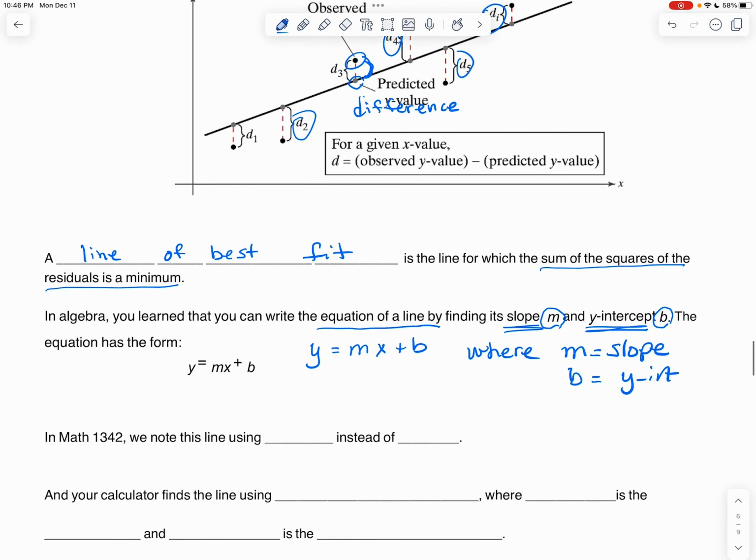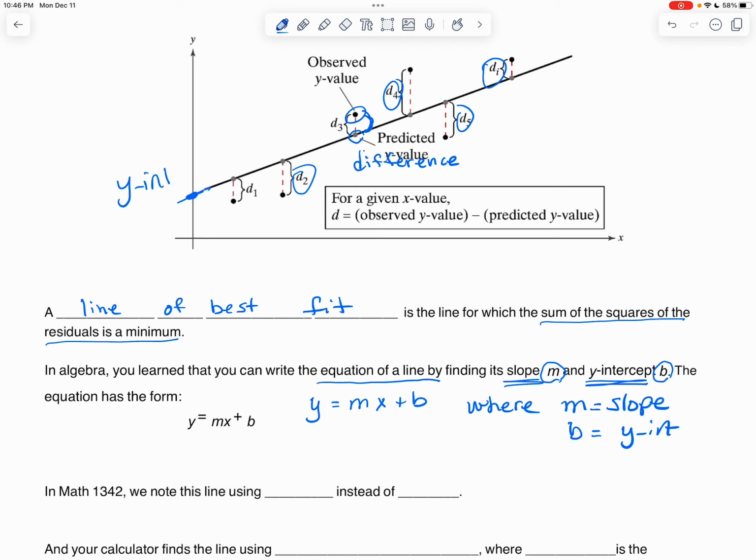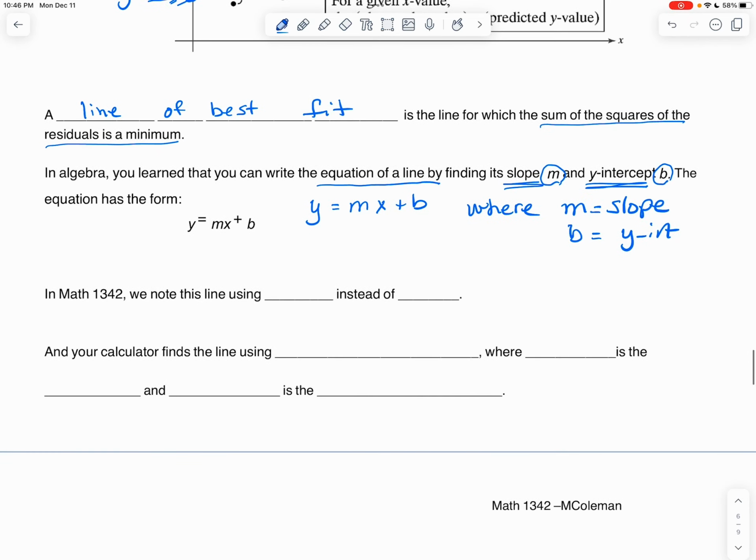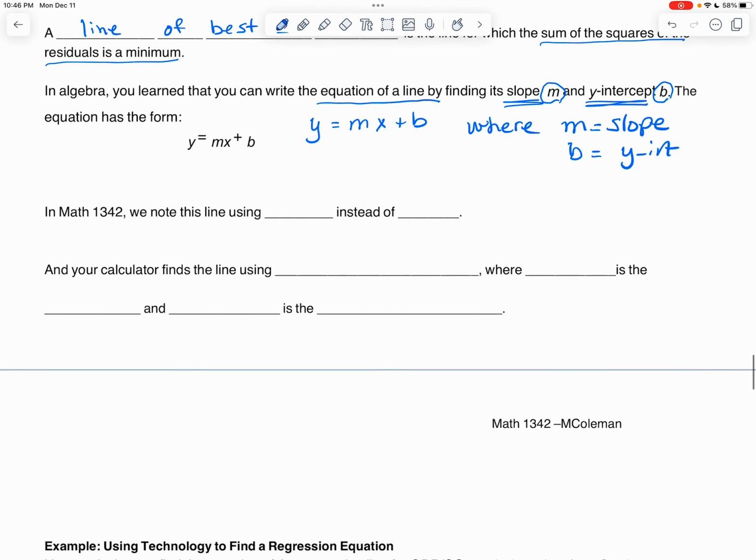So if we look at this line right here, where it hits the y-axis, this is your y-intercept right here. That's how it was written in algebra.